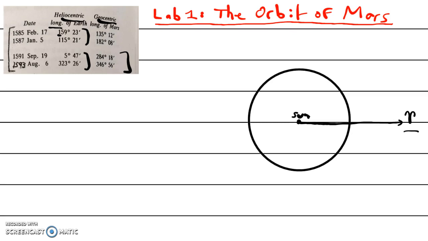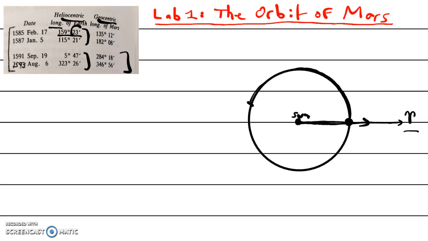For example, the first point, 159 degrees and 23 minutes of arc, is heliocentric, meaning you place the center of your protractor at the Sun. This circle here is the orbit of Earth, and starting from the vernal equinox direction, this point here being the 0 degree, you go counterclockwise, centered around the Sun, and you find 159 degrees and 23 minutes of arc.